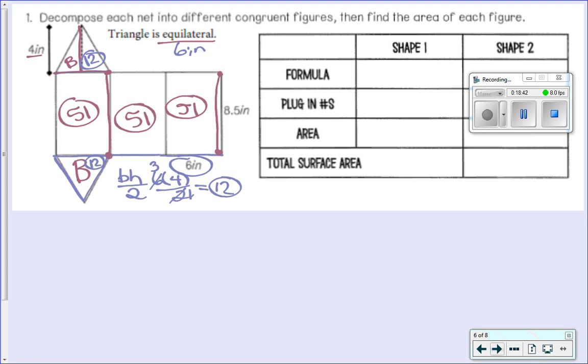So find total surface area. It's the sum of all your bases. So 51 plus 51 plus 51 plus 12 plus 12 gives us a total surface area of 177 inches squared. Please include square units. Questions? Clarify anything?